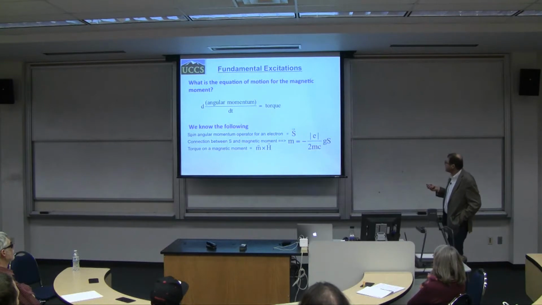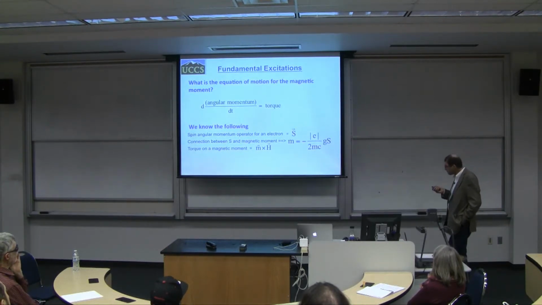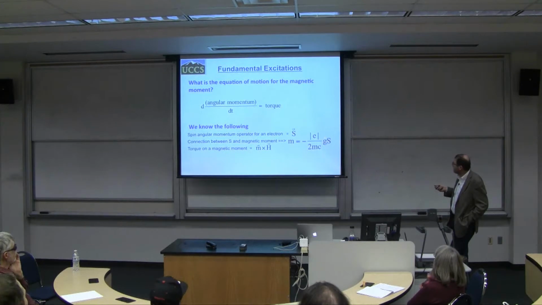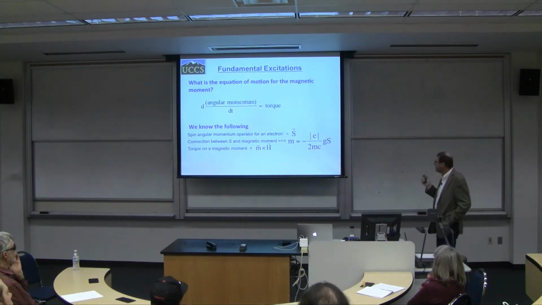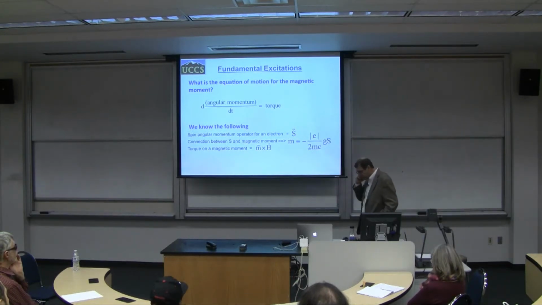So as I've mentioned previously, the connection between the magnetic moment and field is the following. The magnetic moment is the Bohr magneton, then the g factor, and then S. This is my magnetic moment of the single atom. If I have an applied field, there will be a torque acting on my magnetization, which again is something you remember from undergraduate physics.